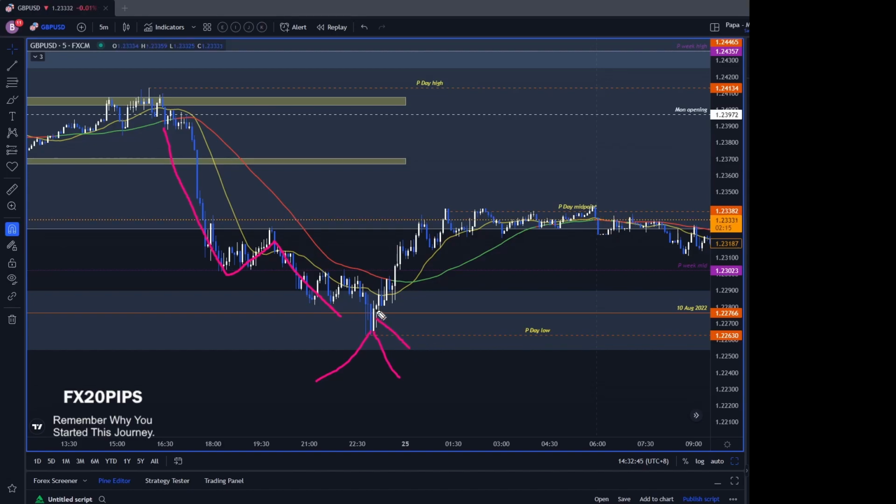Even though it looks weak, the idea is that all the buyers push back up and close on the high of this candle. It closed on a high, and then there's a continuation, and the rest is history. Throughout the night, price just slowly went up.